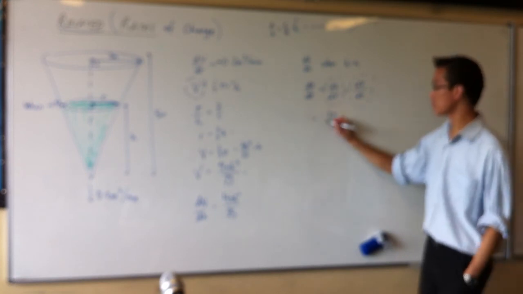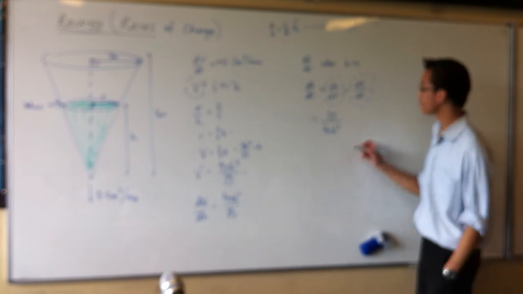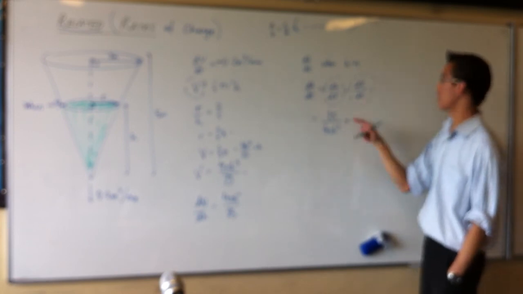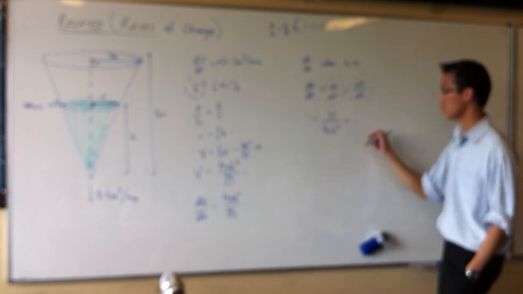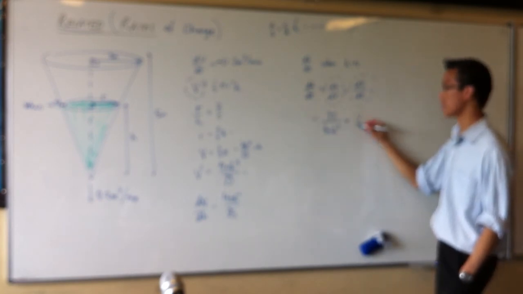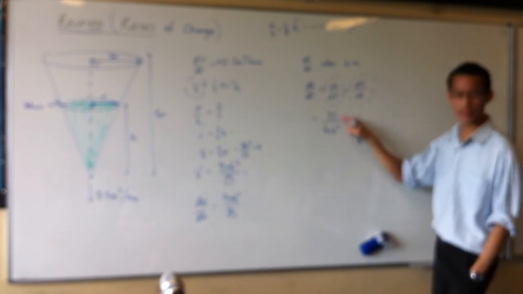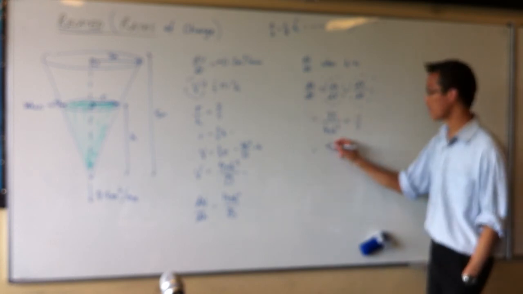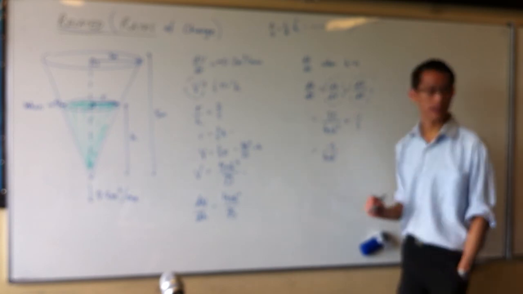It's the reciprocal, so 25 over 4 pi h squared times, here we go, minus 0.2. Minus 0.2. That's minus a fifth. Yes? Okay. So this 5 is going to factor into that 25. So I'm going to get minus 5 over 4 pi h squared.